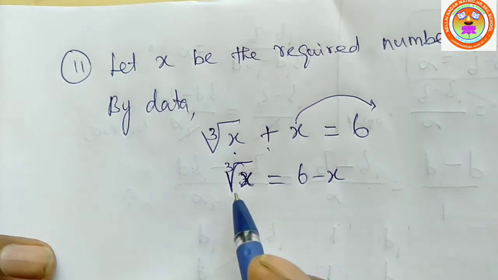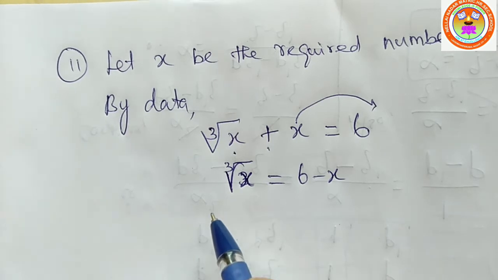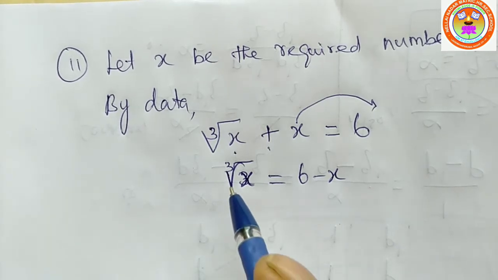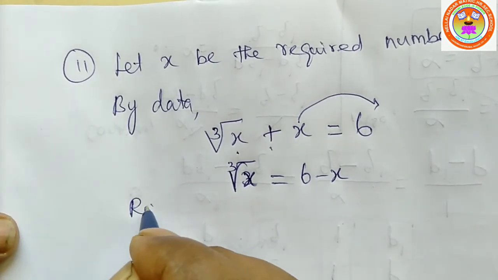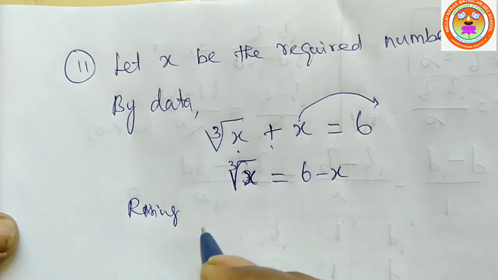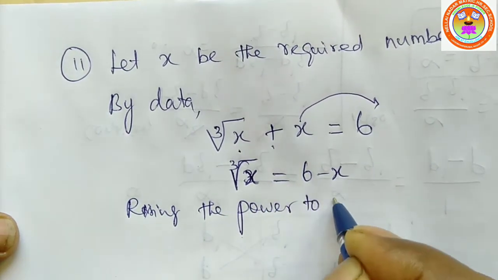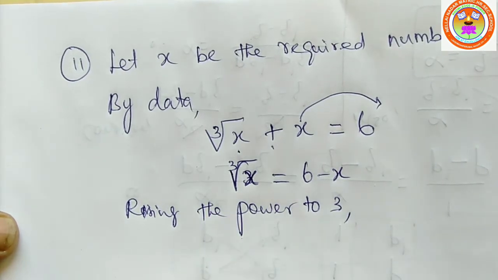Here we are having cube root. So how can we remove the cube root? By cubing, or raising the power to 3, or just simply cubing on both sides.